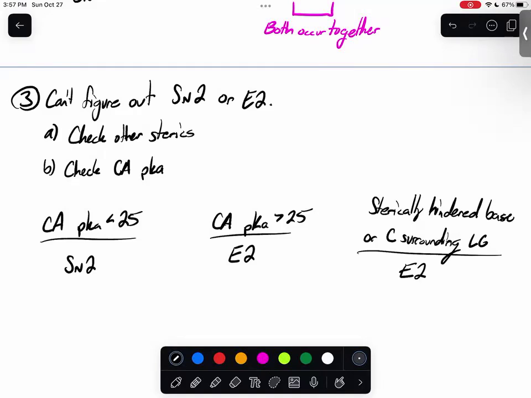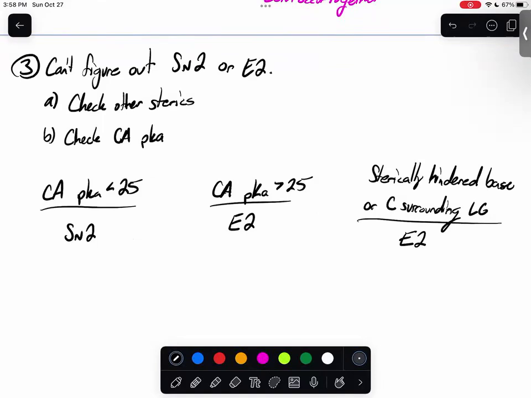And the other thing to say about this is that E2 happens much slower on primary carbons, and that's just because it forms less stable alkenes. So there's a lot more checks that we have to go through for SN2 or E2, but we'll get to those when we do some of these practice problems.